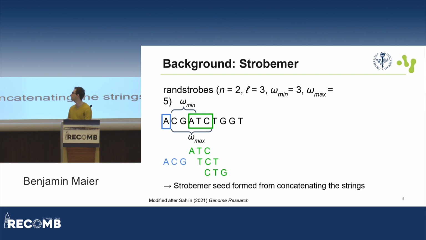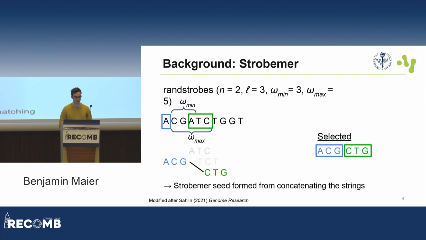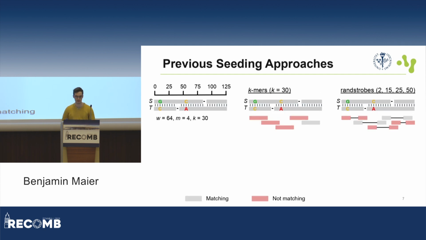So in this example, we would link all the combinations together and find, by applying a function, that this combination should be chosen. And thereby now we have a strobemer consisting of 2 shorter k-mers with a flexible gap introducing randomness.